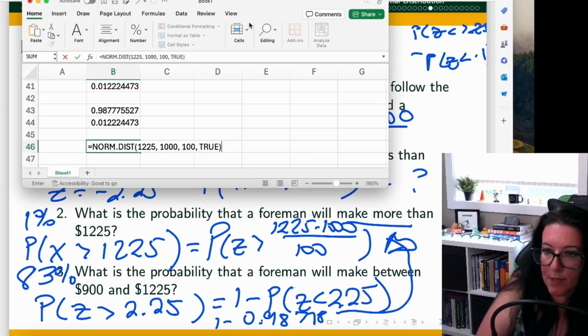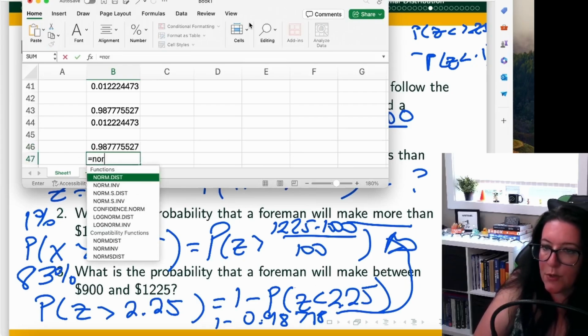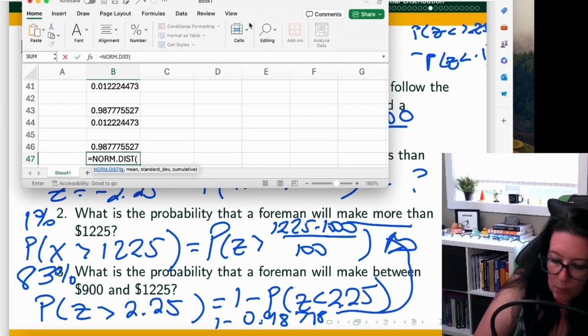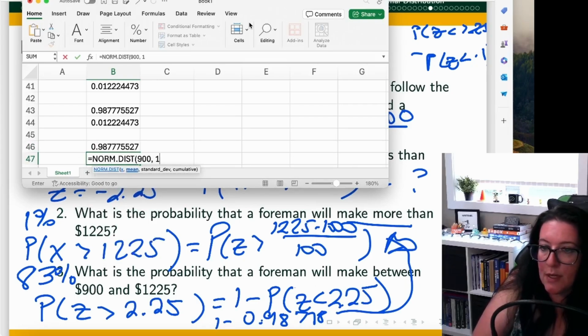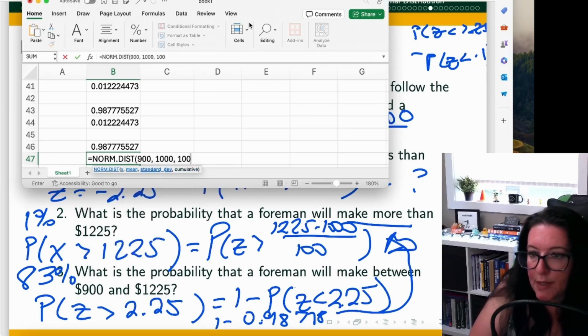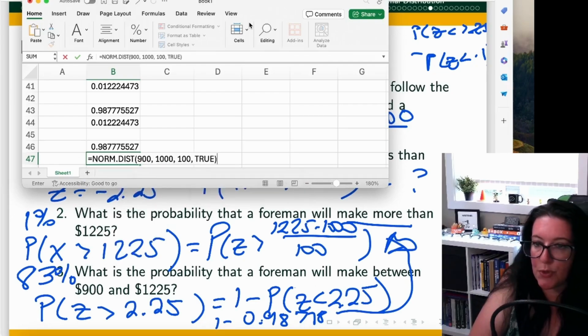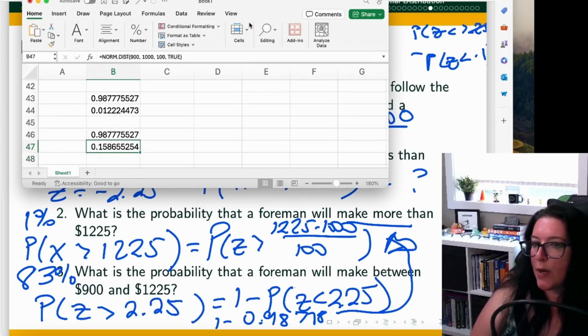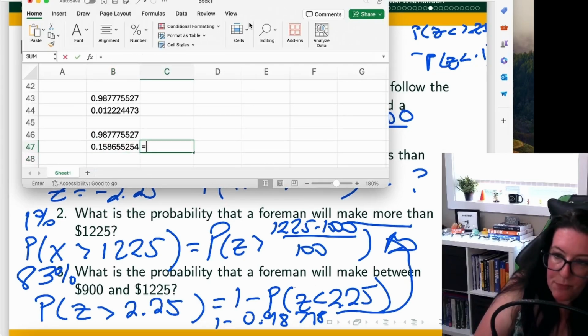And then we're going to do norm.dist, and we're going to do 900, mean 1,000, standard deviation 100, cumulative equals true. So here we want the difference in between.